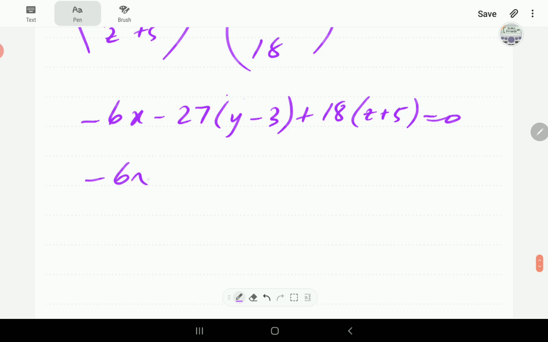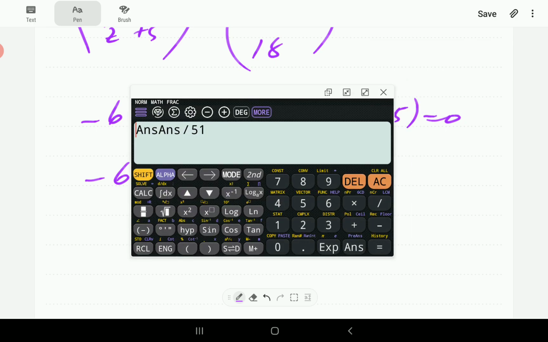So this is going to be -6x minus 27y plus 18z. Then the constant is going to be 27 times 3 plus 18 times 5. Let's see what that works out to.